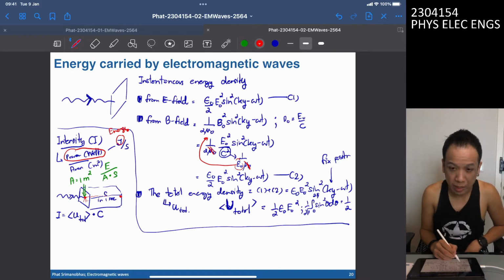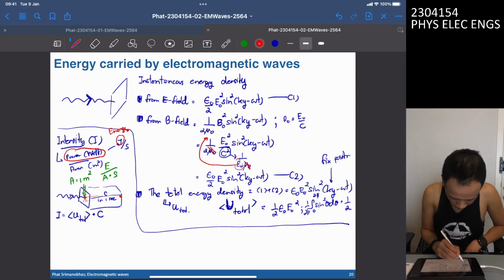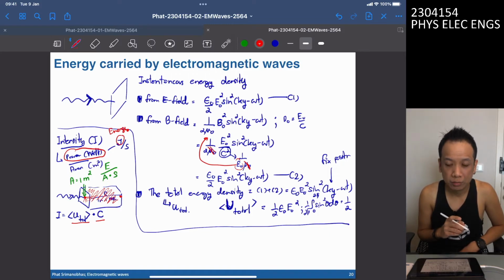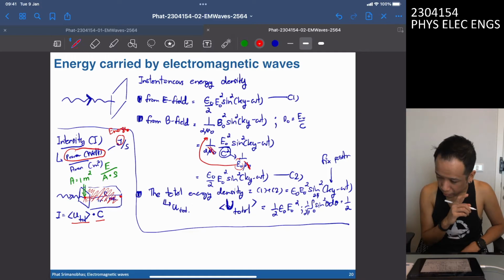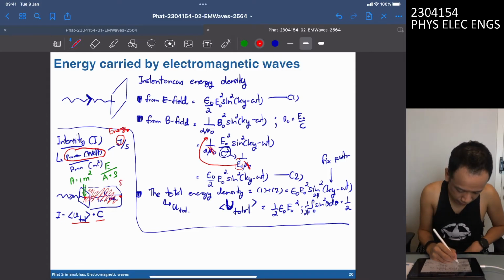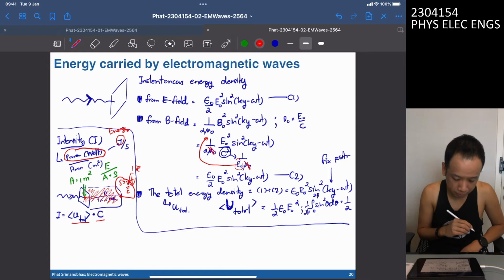So the energy that's stored in this volume is basically the average times the length, and the length is c, because the wave is traveling s equal to vt, so with the speed c and t is 1 second, the length is c.